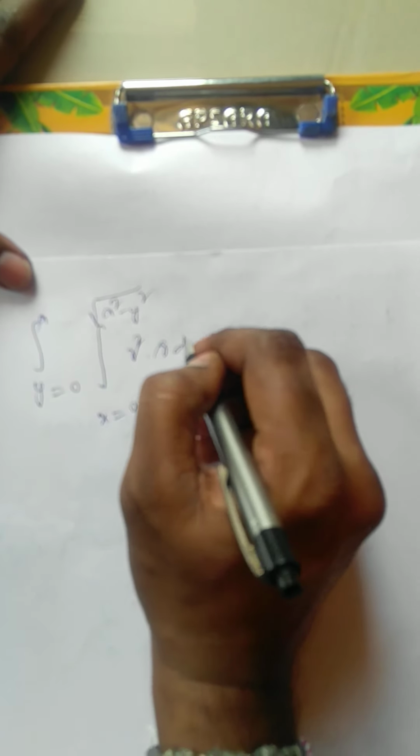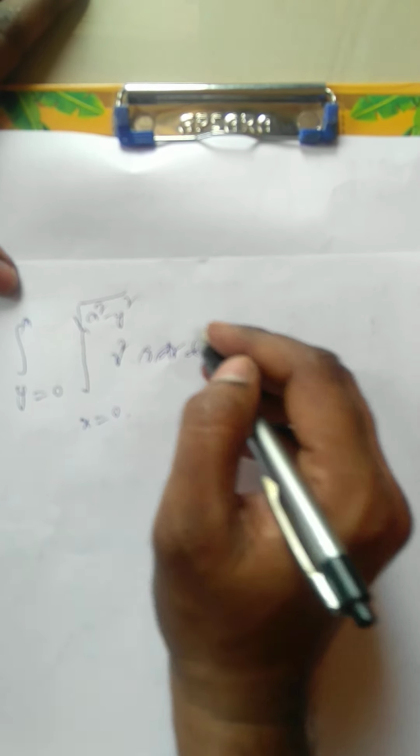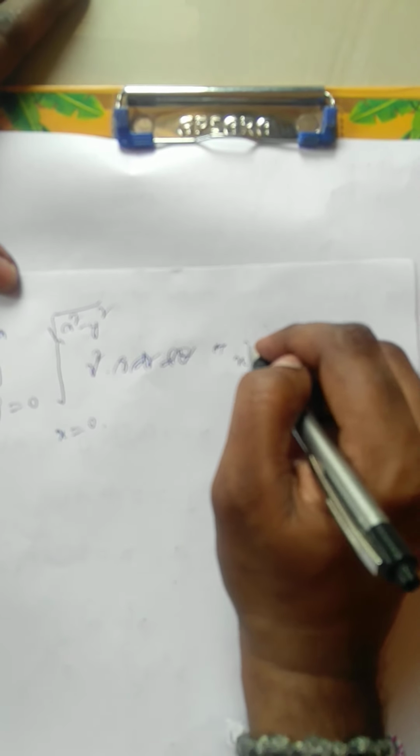First we write the given integral: y equals 0 to a and x equals 0 to square root of a square minus y square, x square plus y square dx dy.